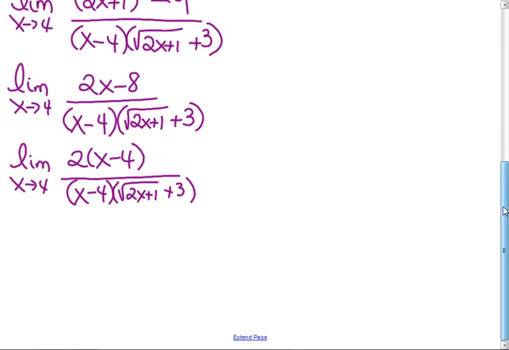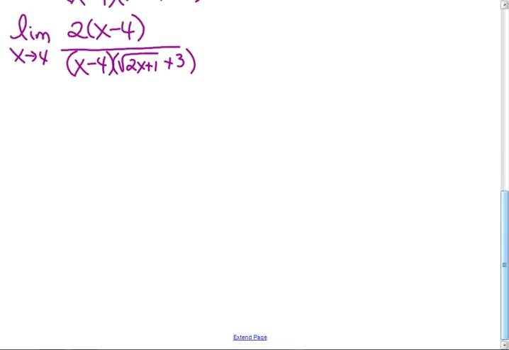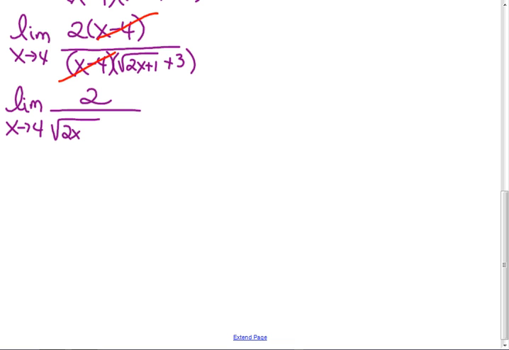Can I reduce that? Yeah. I can get rid of the x minus 4s, can't I? So that goes with this one. It's not x with x and 4 with 4. It's the whole thing. So now I'm left with the limit as x approaches 4 of 2 over this thing plus 3.